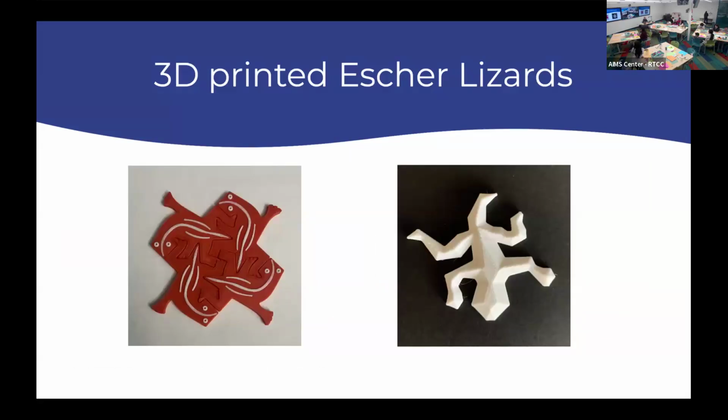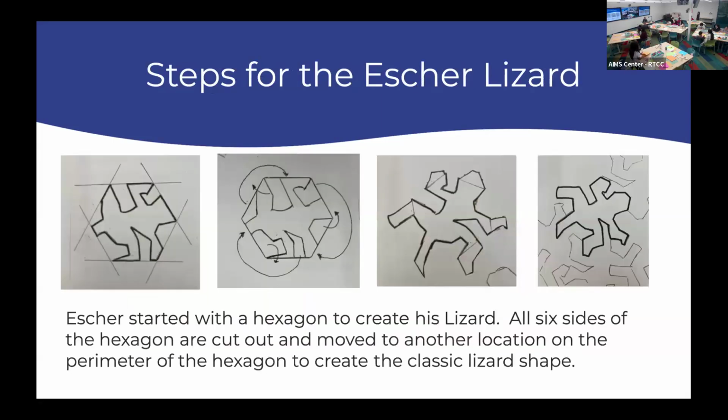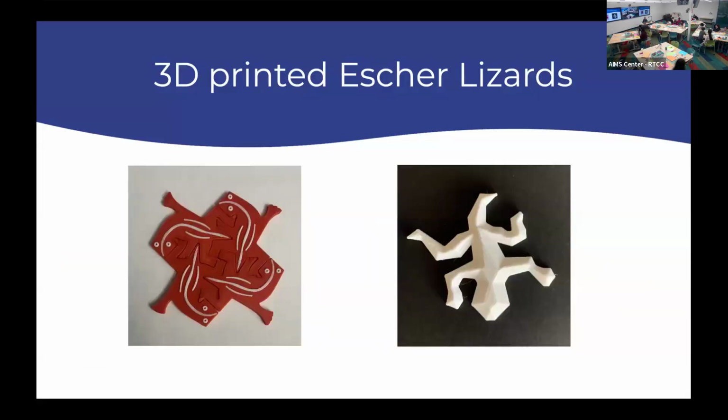So there's the lizards that I handed out, how they fit together. And there's another version. Here's a version of the lizard that he created. It has a little more 3-dimensional aspect to it. We've printed out a lot of those versions.